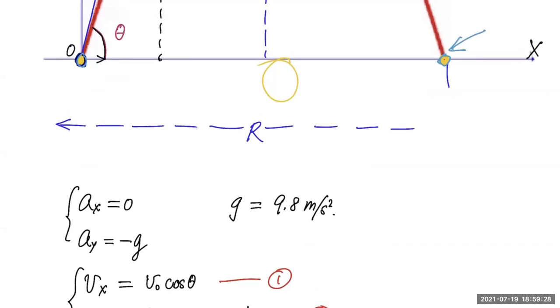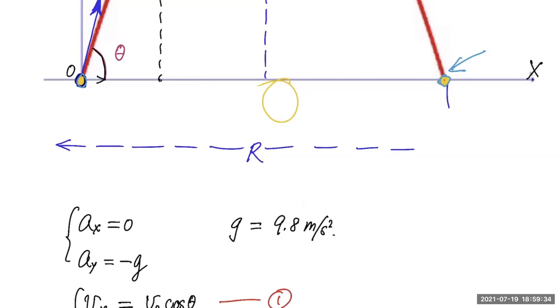Do we know its final speed from scratch? No, we don't. Do we know its final x movement, which is r? No, we don't. Actually, we set out to find r in the first place, right? What do we know about this point for sure? Well, one thing we know for sure. We know that when you reach that point, y equals what?